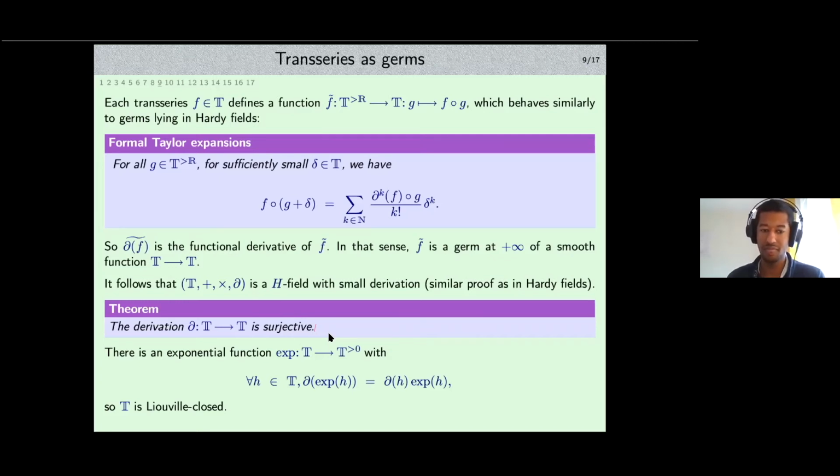And you also have an exponential function, which is an isomorphism between the additive group and the multiplicative group of positive elements, and it respects the order, it's strictly increasing. And so you have a compatibility between the derivation and the exponential. So you have a chain rule where you would expect that the derivative of e to the x is e to the x itself.